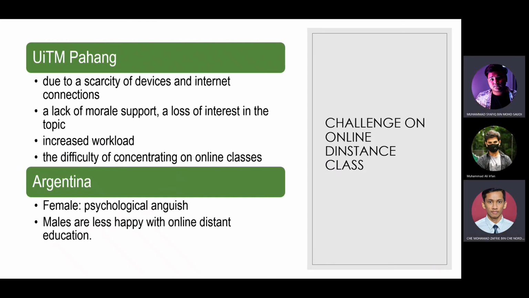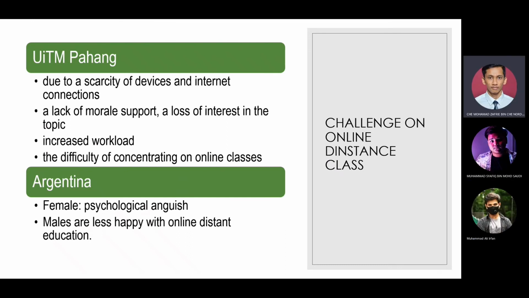This is the example of challenge on online distance class. For example, UiTM Pahang, due to a scarcity of devices and internet connection, a lack of moral support, a loss of interest in the topic, increased workload, and the difficulty of concentrating on online classes.